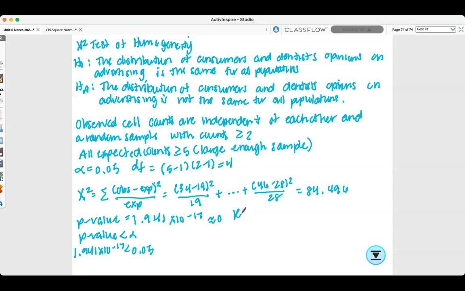So we reject our null hypothesis. There's enough evidence to suggest the opinions of consumers and dentists about advertising differs.